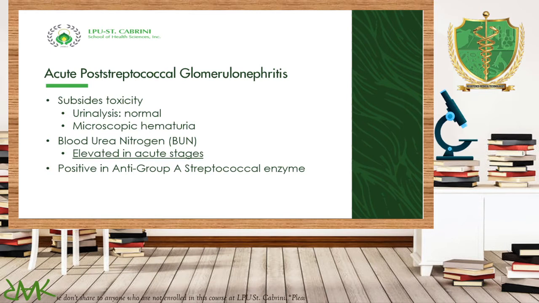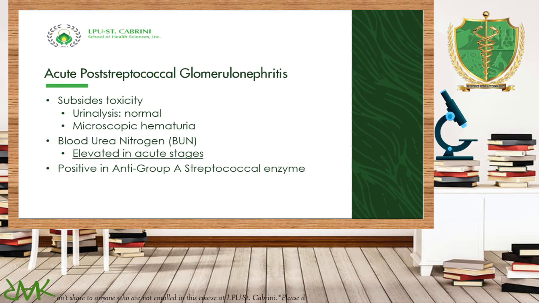Now, the other laboratory tests that can be done in cases of acute post-streptococcal glomerulonephritis include blood urea nitrogen. Remember guys that BUN is elevated in acute stages of AGN or acute glomerulonephritis.